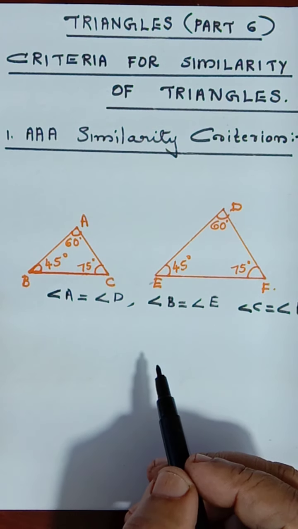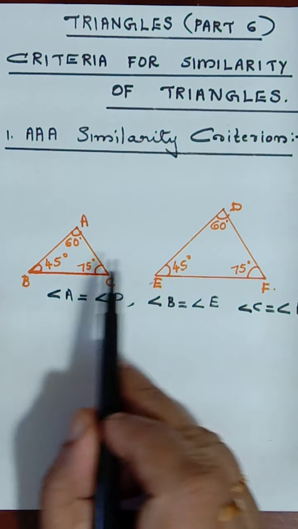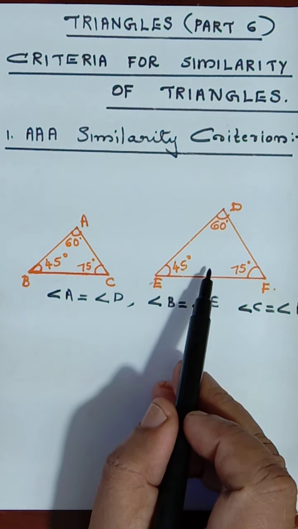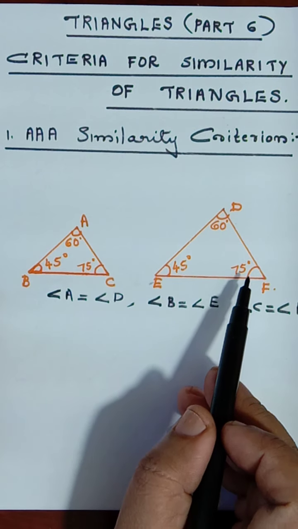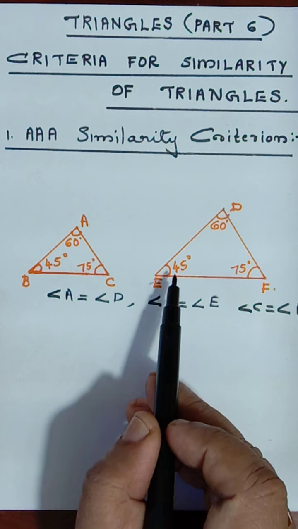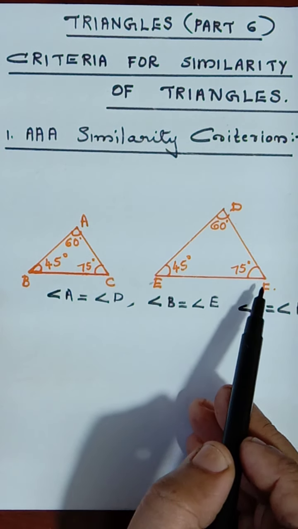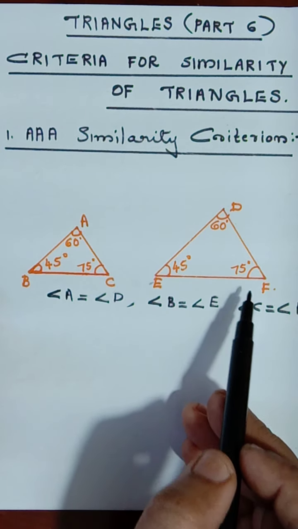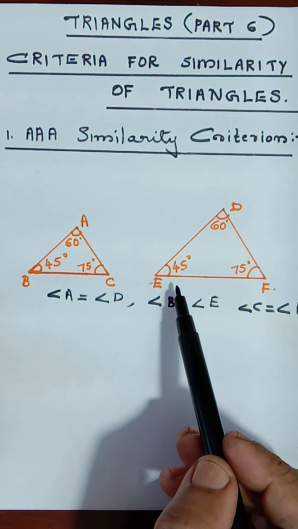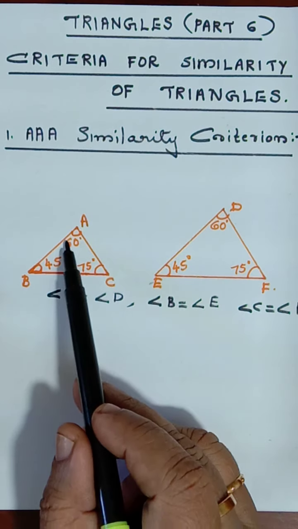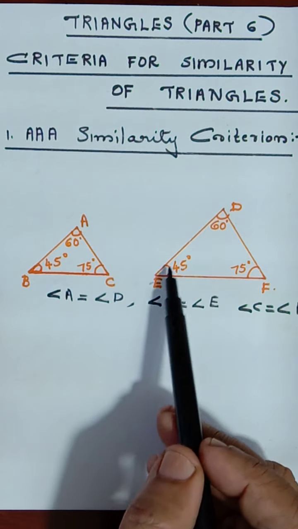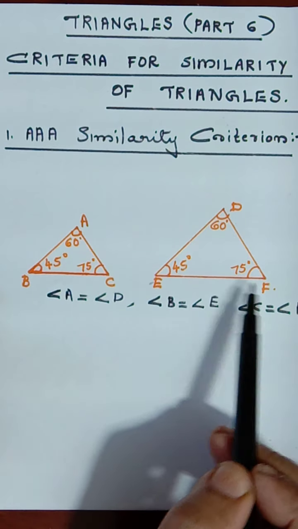In such a case, if in two triangles, these are the two triangles, triangle ABC and triangle DEF, if corresponding angles are equal, then their corresponding sides are in the same ratio.